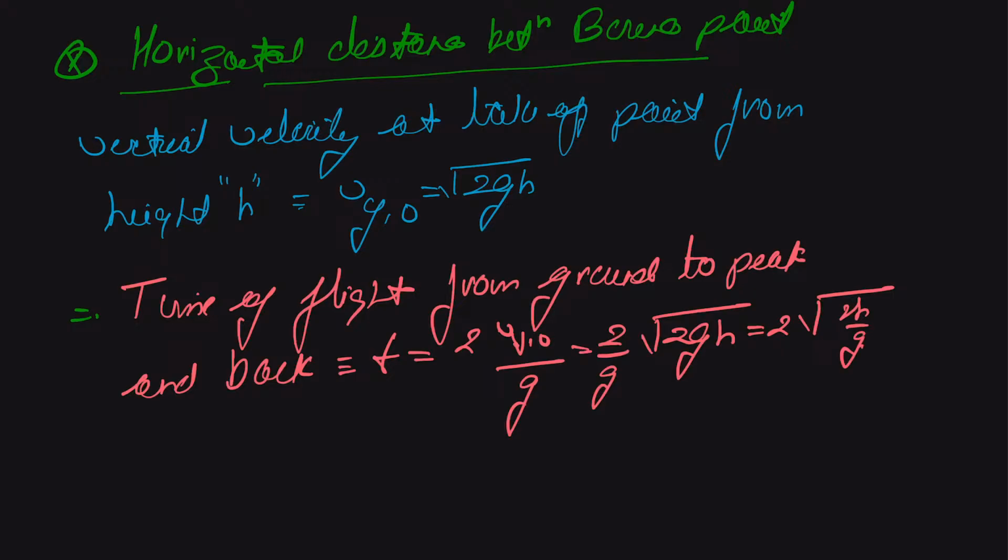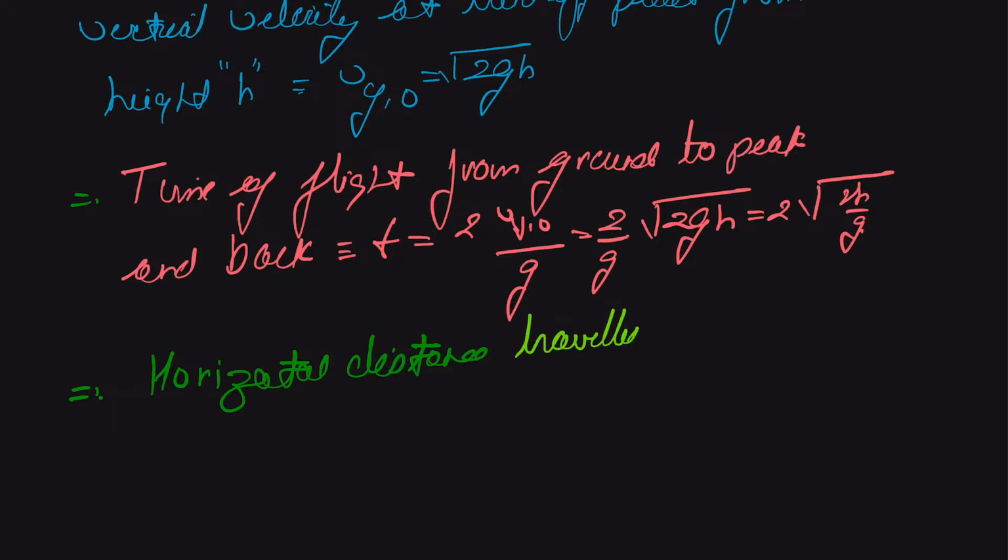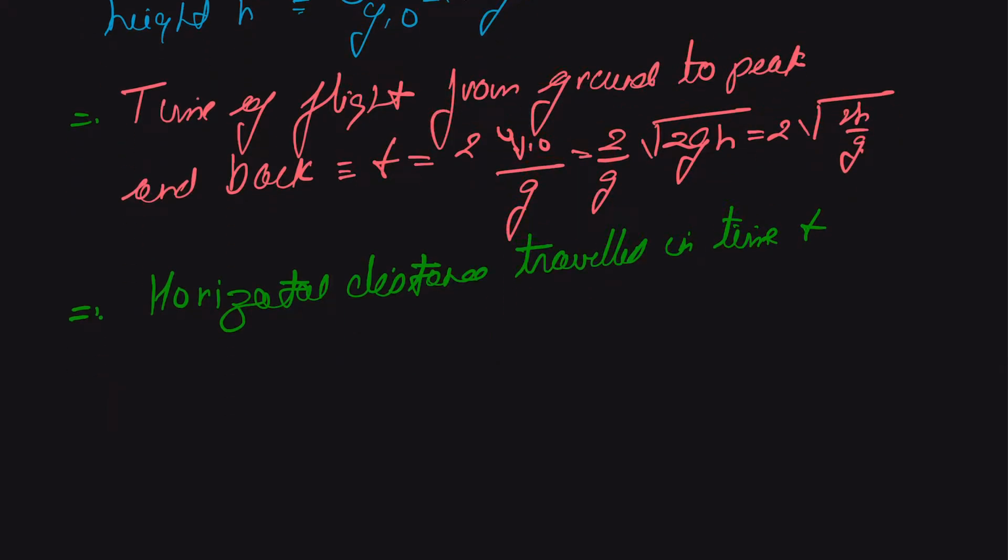So this is our time of flight, and during this time of flight we can find out the horizontal distance. So we can say the horizontal distance traveled in time t, let us call this distance L. So we get L is equal to Vx multiplied by time of flight, that is t.